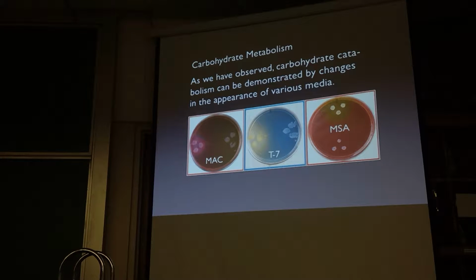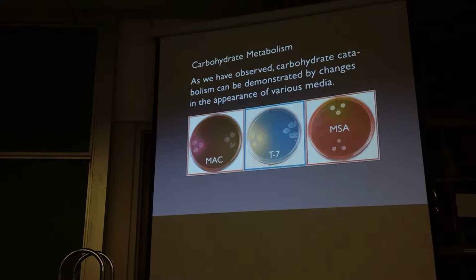These are media that are differential on the basis of lactose fermentation. If the organisms can ferment lactose, they're going to produce acid, and the acid is going to cause a pH indicator to change color. In MacConkey's, the pH indicator is neutral red. In T7, what's the pH indicator? Anybody? It's bromothymol blue. Green when it's neutral, yellow when it's acidic, blue when it's alkaline.